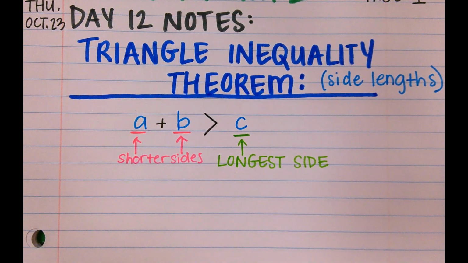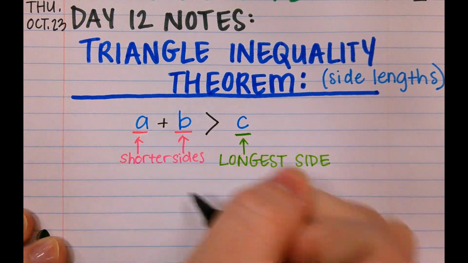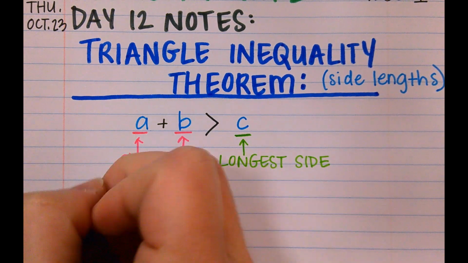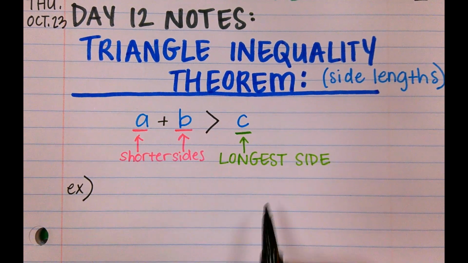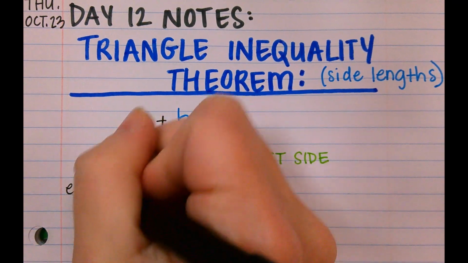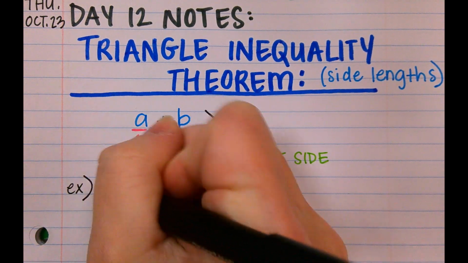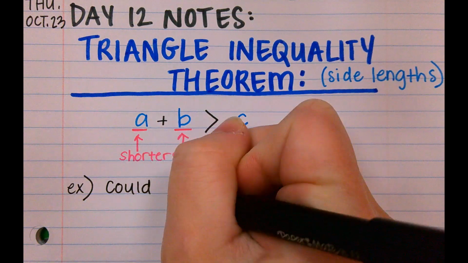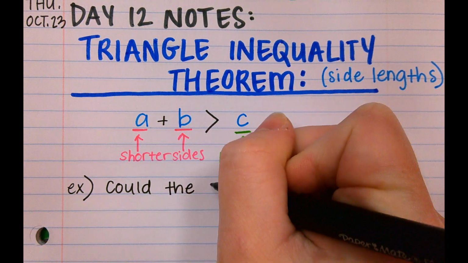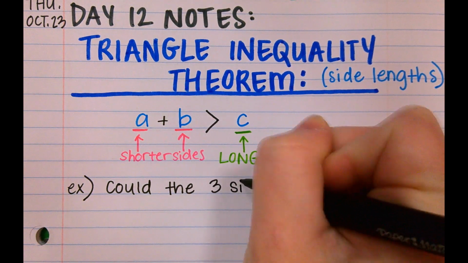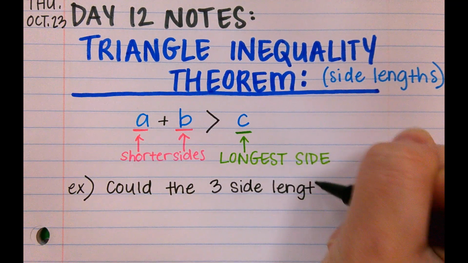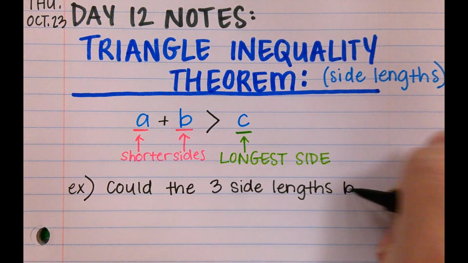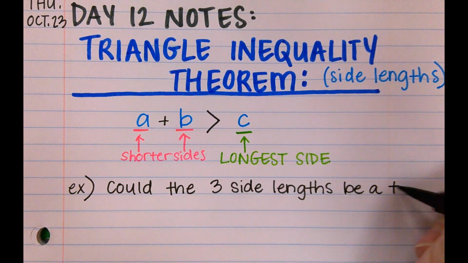So, for example, I'm going to give you the directions that say, could the three side lengths be a triangle?